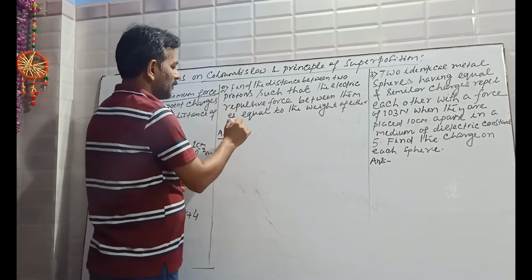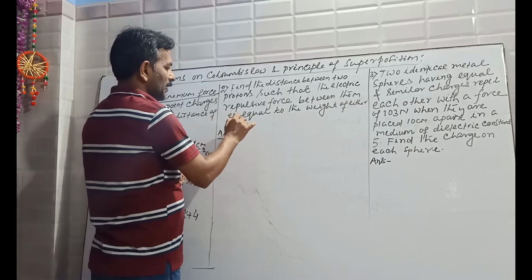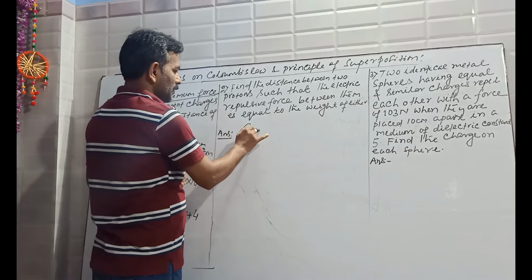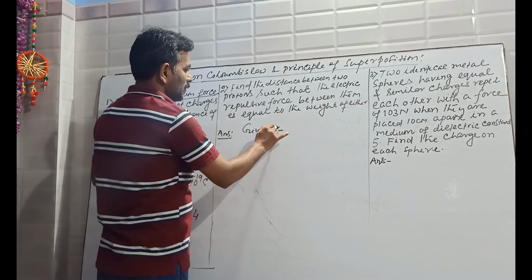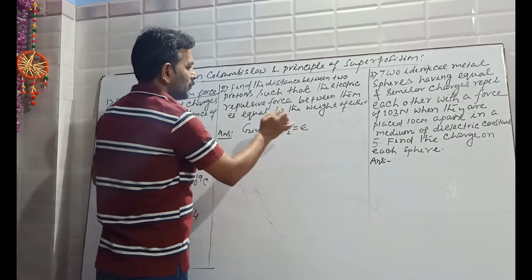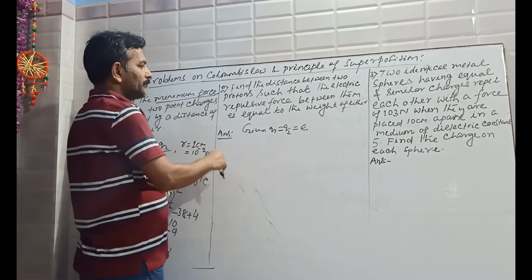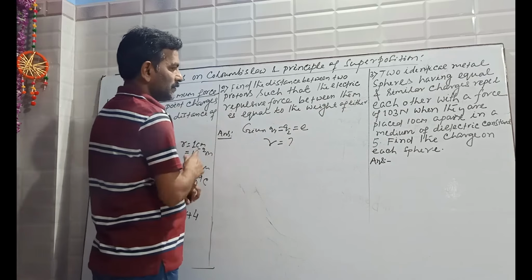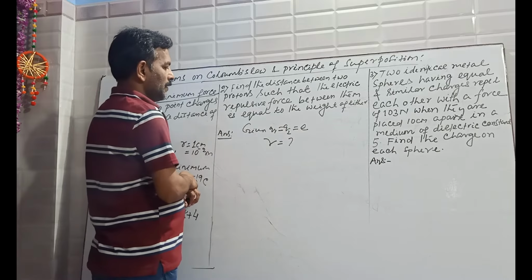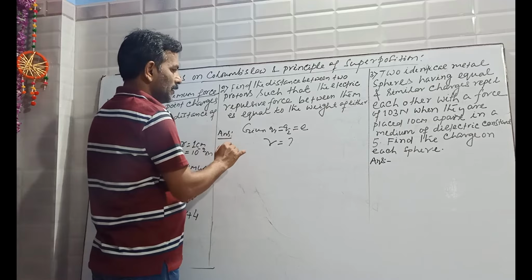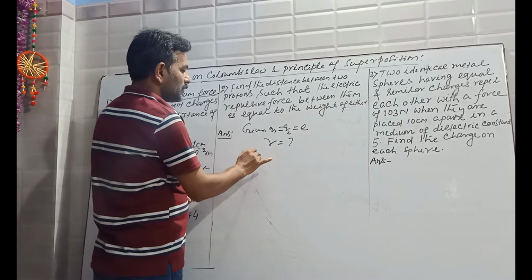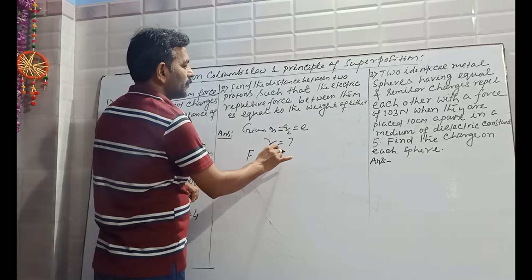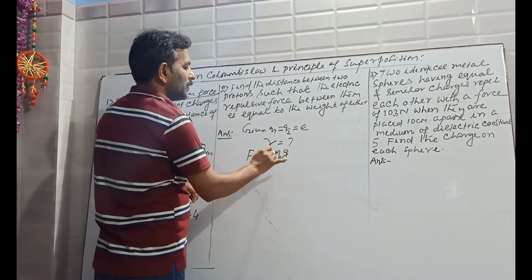According to the question, you see, given Q1 equal to Q2 equal to E, proton, two protons, and you have to find out the separation, and given that force is equivalent to the weight of either proton.